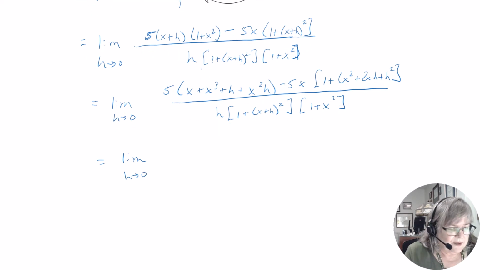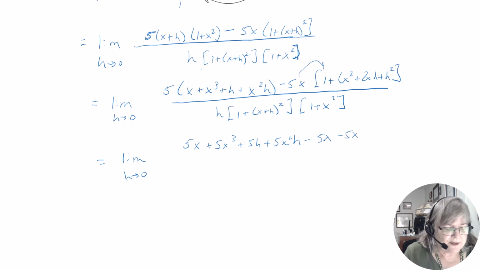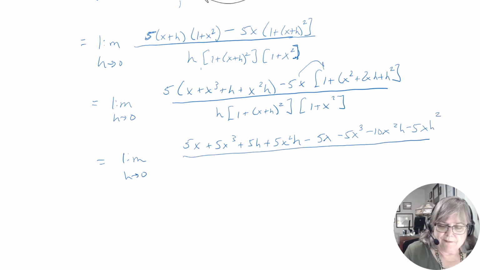So then when you clean this up a bit, you have 5x plus 5x cubed plus 5h plus 5x squared h minus 5x, because we're down to this part where we're doing this, minus 5x minus 5x cubed minus 10x squared h minus 5x h squared all over h times 1 plus x plus h squared, times 1 plus x squared, right?